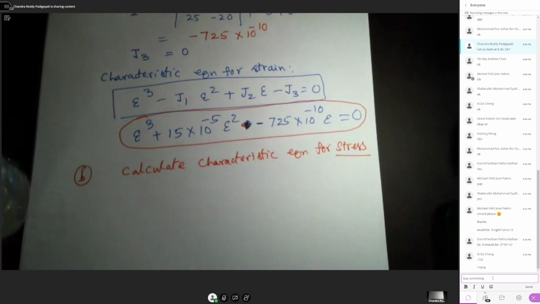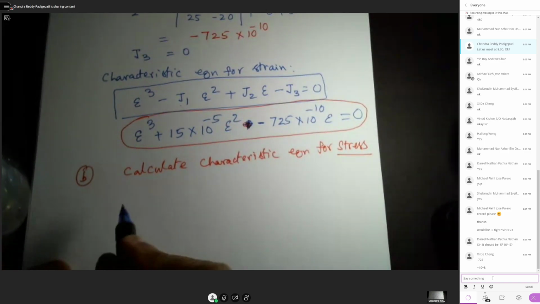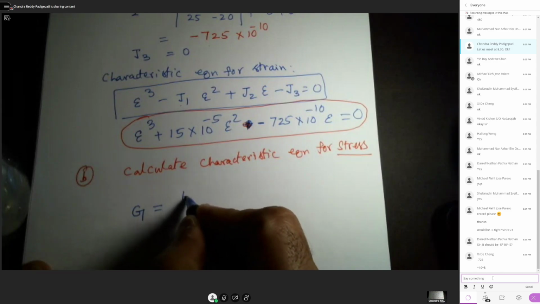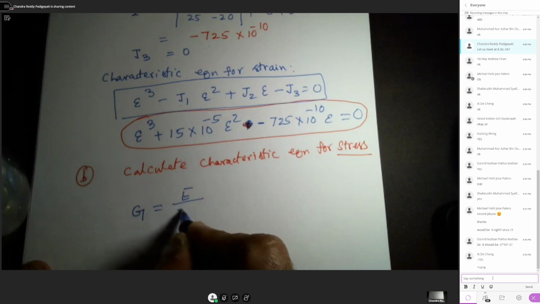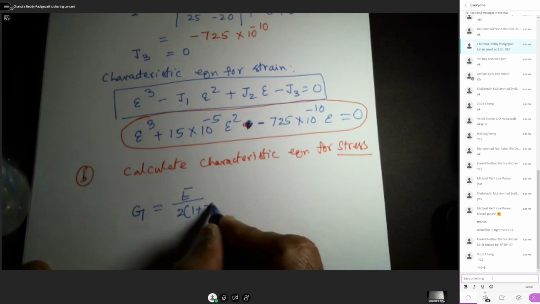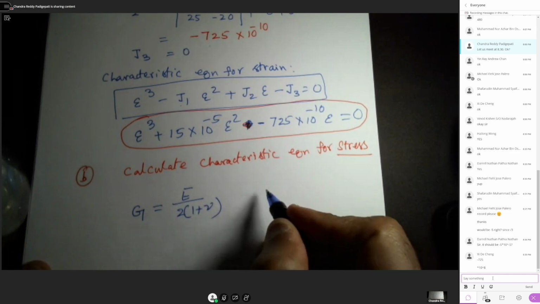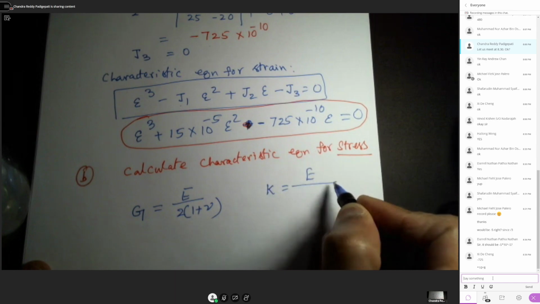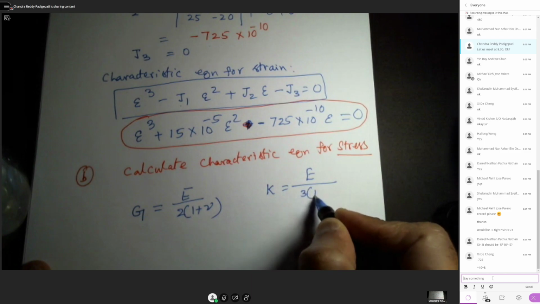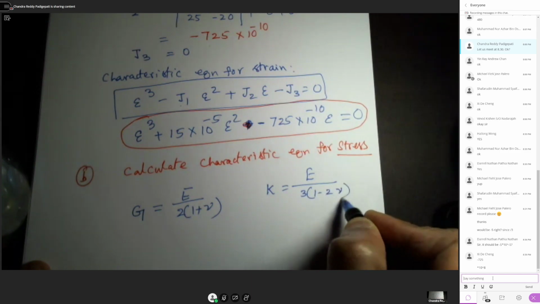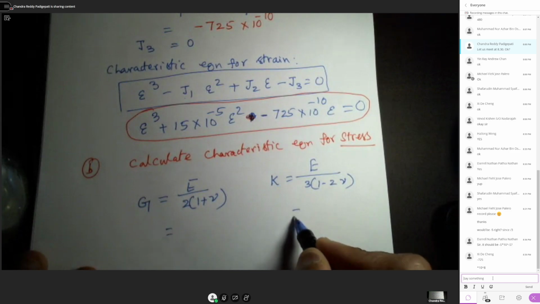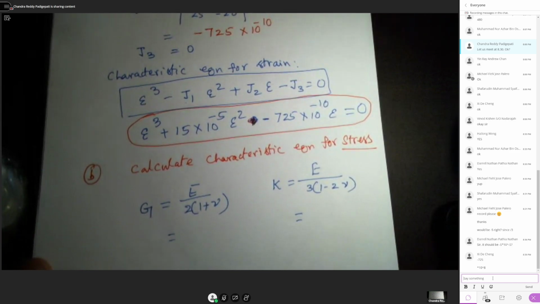Now, to do that, first we need to calculate the rigidity modulus or the shear modulus G, which is E over 2 into 1 plus Poisson's ratio. And we can calculate the bulk modulus, which is Young's modulus over 3 into 1 minus 2 times Poisson's ratio. So guys, calculate these two and let me know your values.